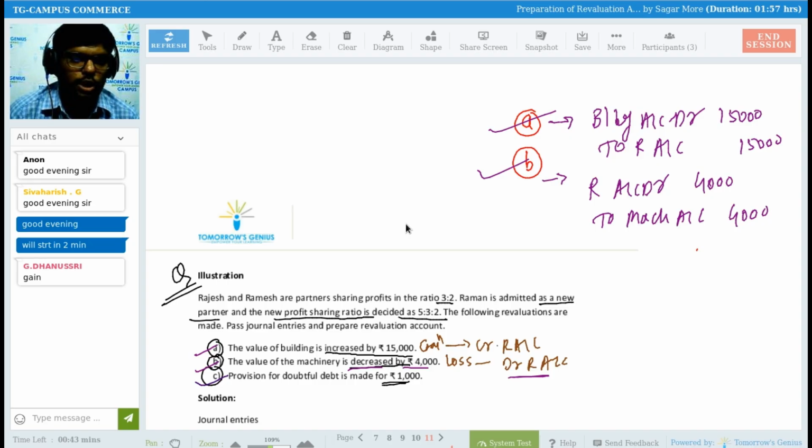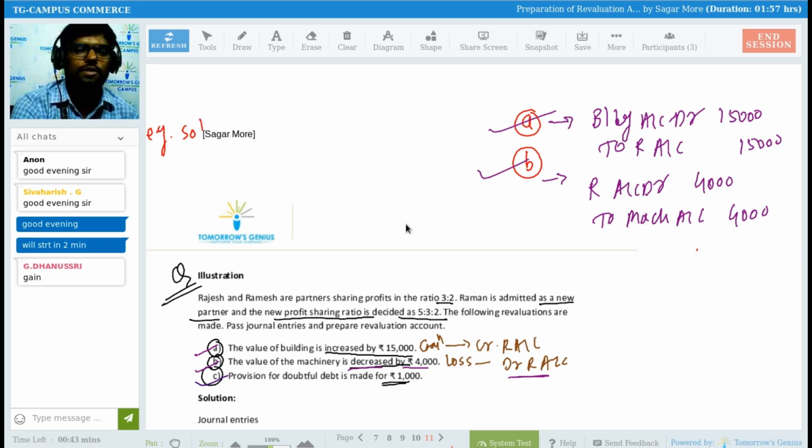What is the meaning of debtor? What is creditor? Sir, debtor is the one who is liable for us. Sir, simple example.